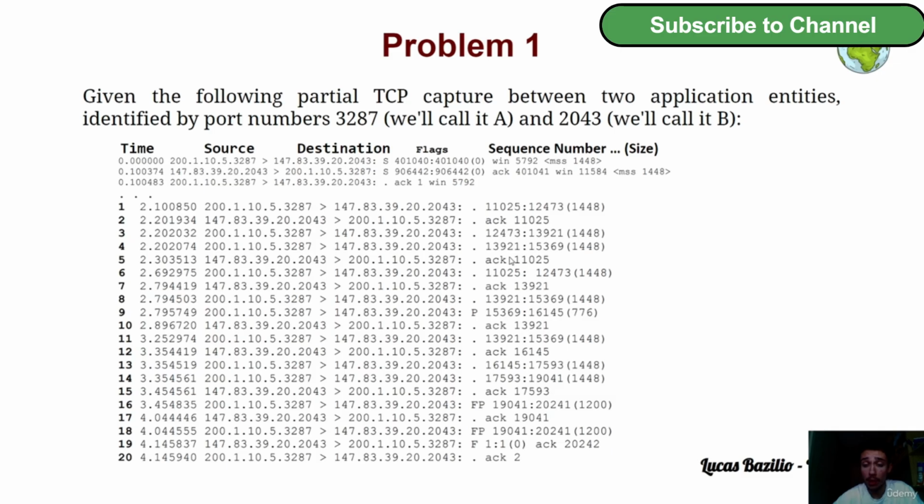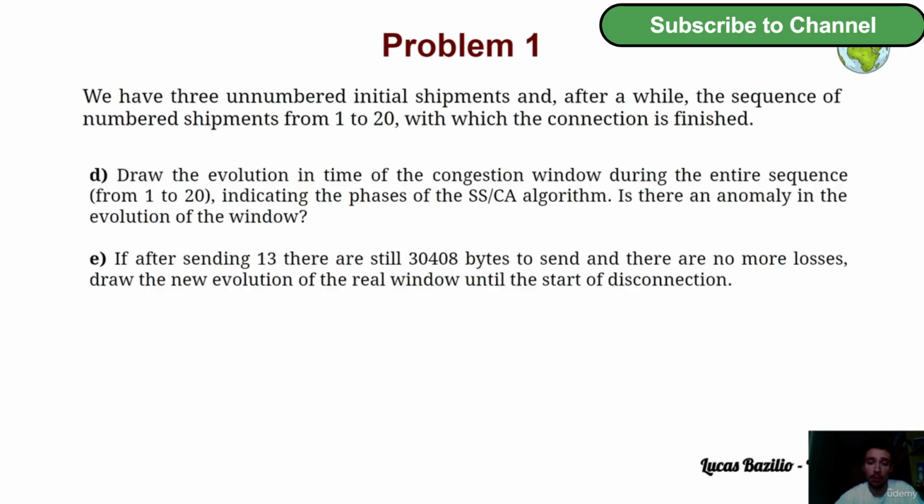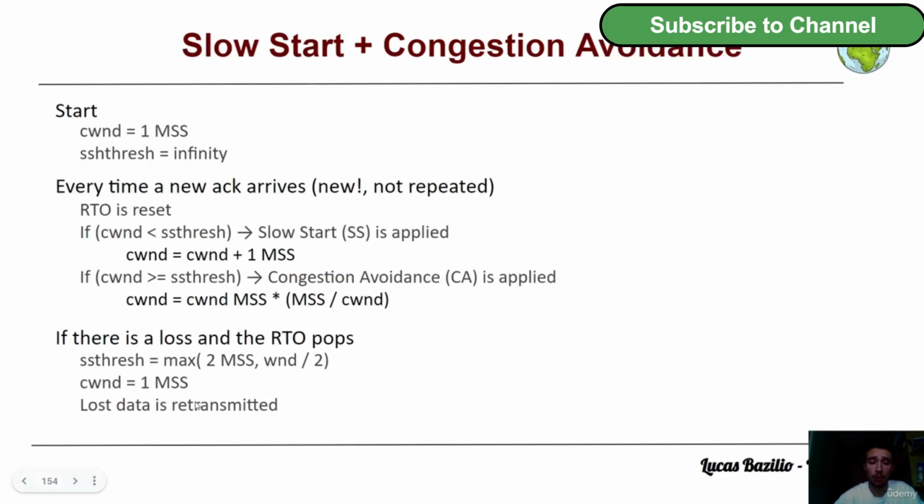Whenever we have a retransmission, following the slow start and congestion avoidance algorithm, remember that what we do is set the congestion window to be 1 maximum segment size. This is what we already studied in the lecture on the slow start and congestion avoidance algorithm, which combines two mechanisms.